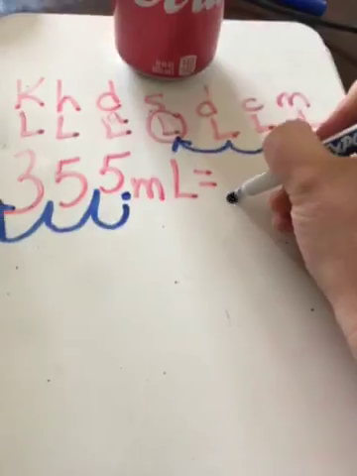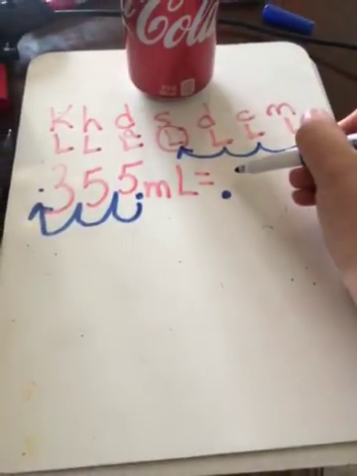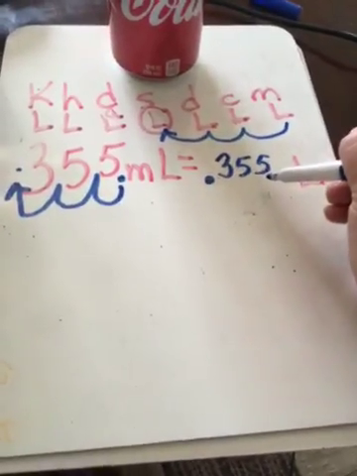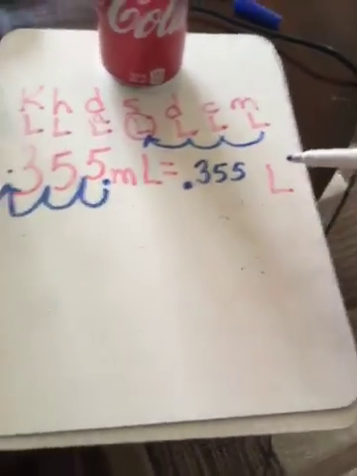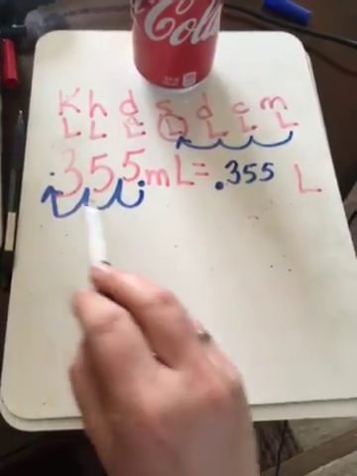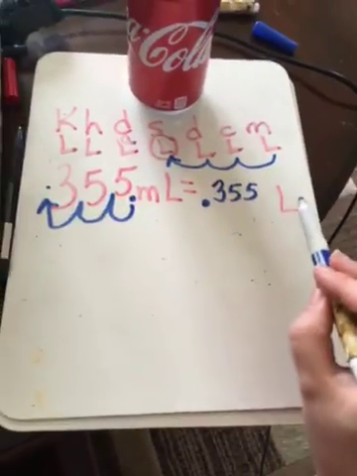That makes the decimal point go in the front. We have 355 thousandths of a liter, which makes sense because milliliters are tiny. If we have 355 of those, it's only going to be part of a liter.